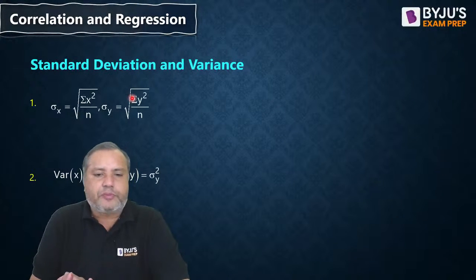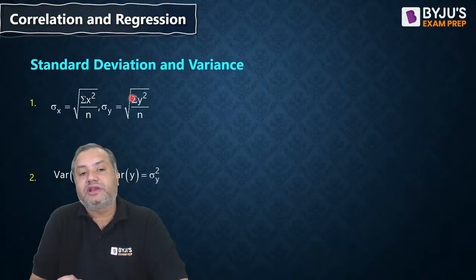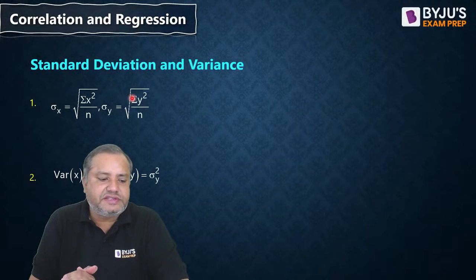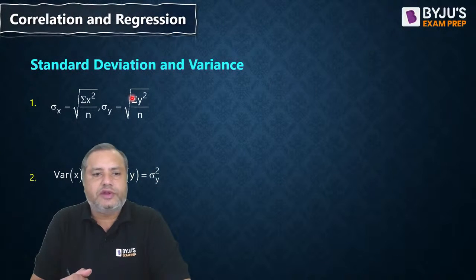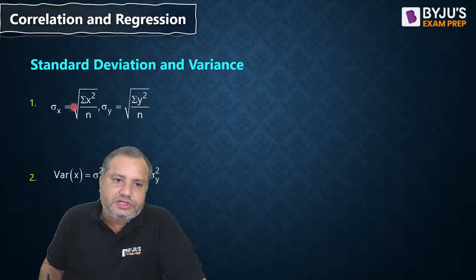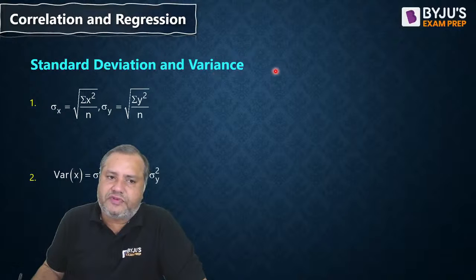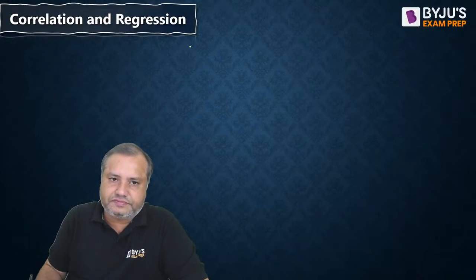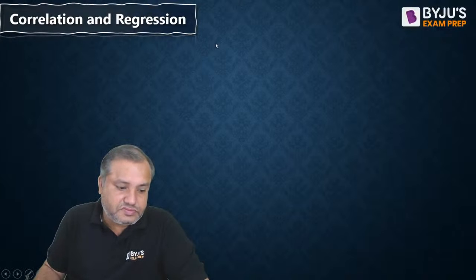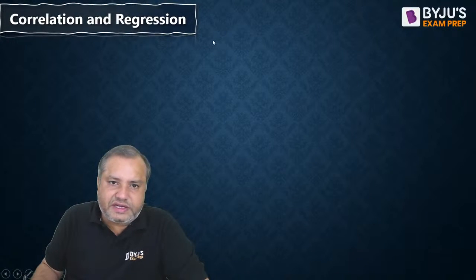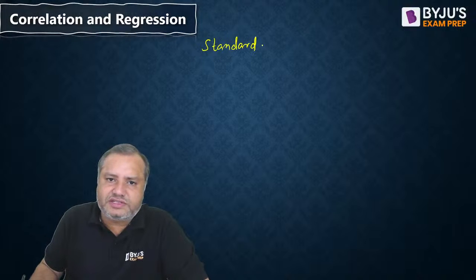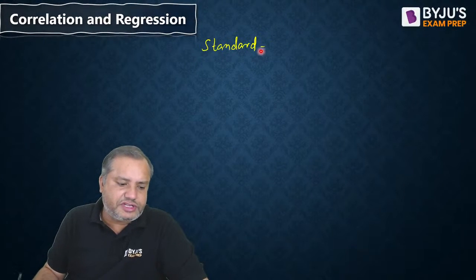When it is directly proportional, it is positive correlation. When it is indirectly proportional, it is negative correlation. Okay. So standard deviation and variance of X. Up to some extent, boss, just stay tuned with me for 1 hour. That's it. You can guarantee marks from this topic.